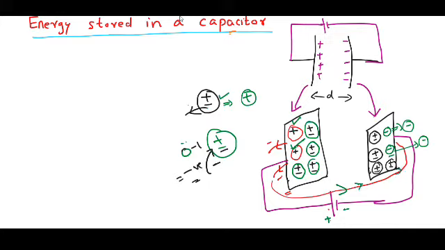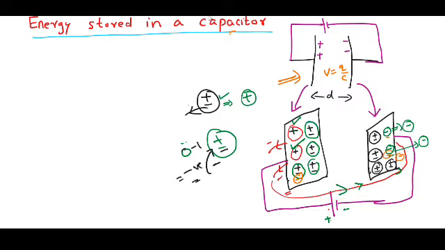Actually, the battery does this job. At any instant, if charges have reached the capacitor plate as shown in this figure, there will be a potential difference V equal to Q by C between the capacitor plates. To remove further electrons from this plate and deposit them on the other plate, the already reached negative charges will try to oppose the newly coming electrons.